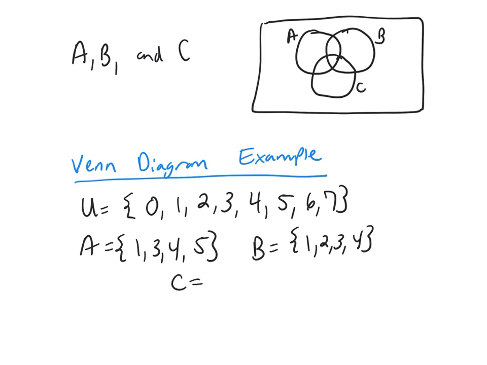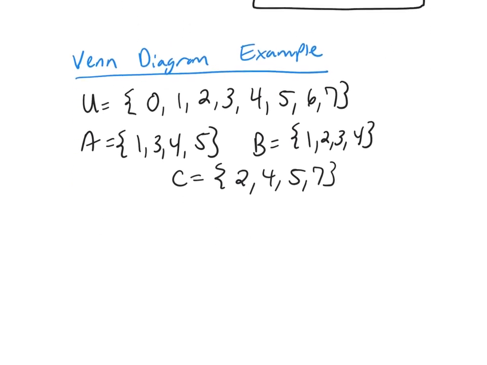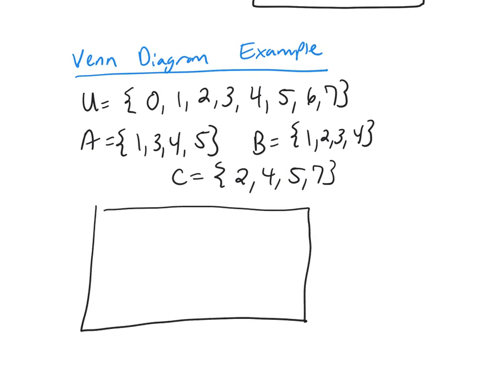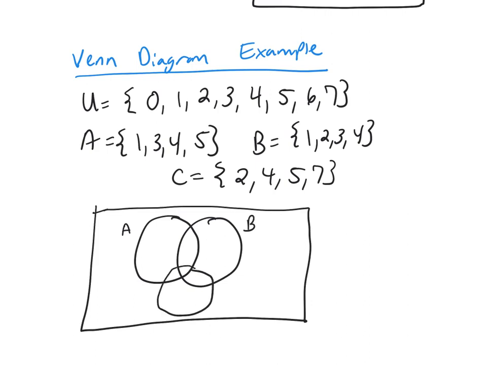And C will be the set 2, 4, 5, 7. So here I have three sets. Here's A, here's B, here's the circle for C.